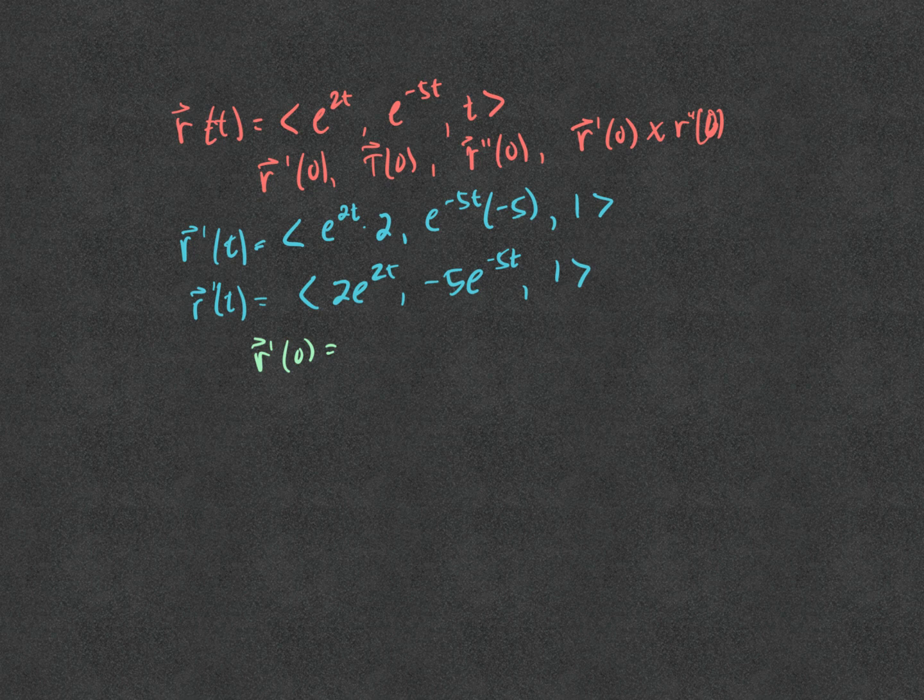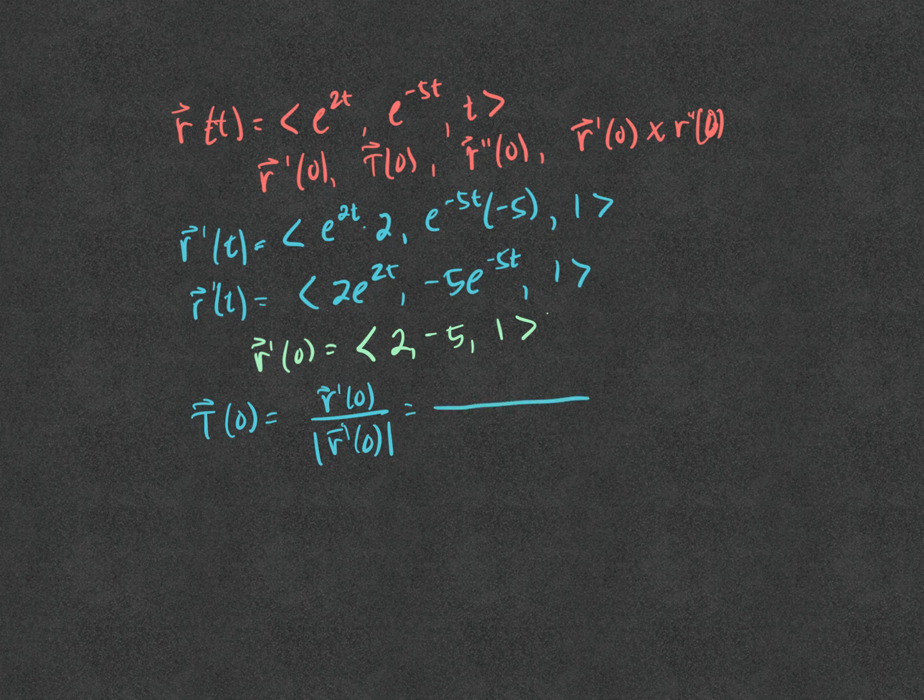e to the 0 is 1 times 2 is 2. e to the 0 is 1 times negative 5 is negative 5, and there is no t, so that value is 1. Now we're asked to find the unit tangent vector at 0. Remember, this is r prime of 0 over the length of r prime of 0.